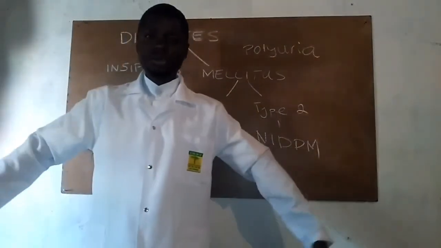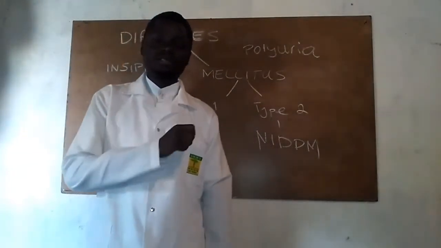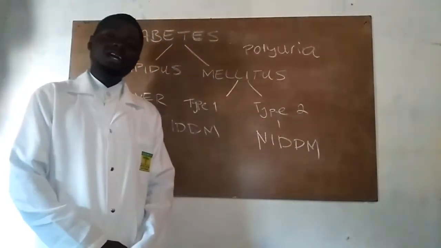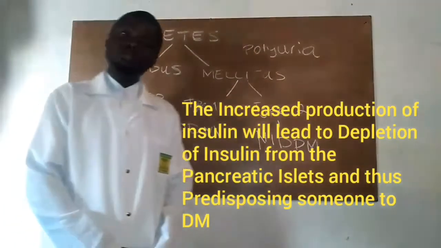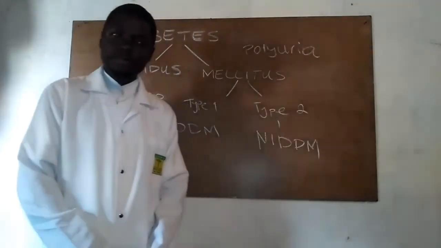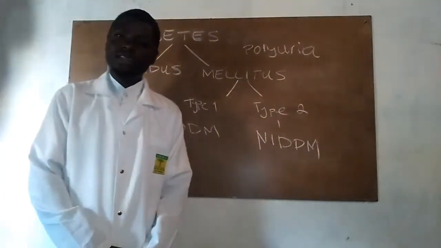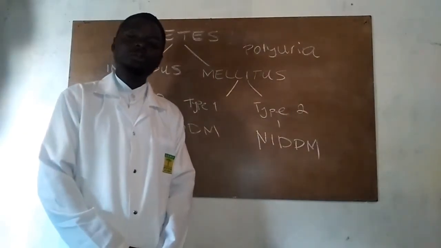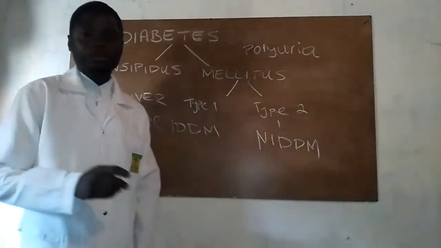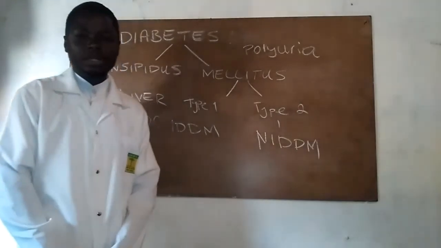The body is growing big, and then the pancreas is just too small. Then that same pancreas, which is small for the body, is the one which is required to produce insulin in order to lower blood sugar levels. So the pancreas can't produce enough insulin because the body is too big for it. Hence, someone will be predisposed to diabetes mellitus.